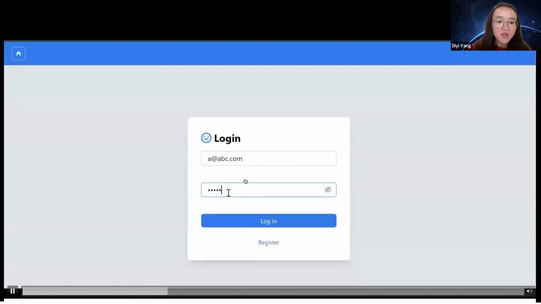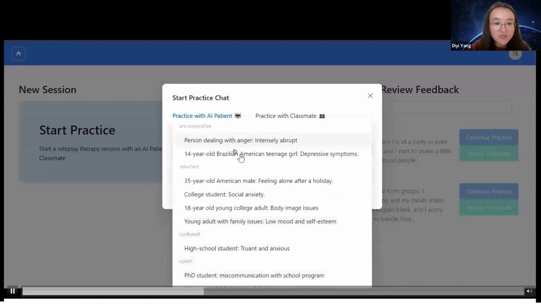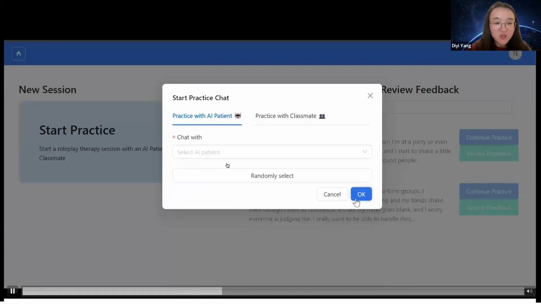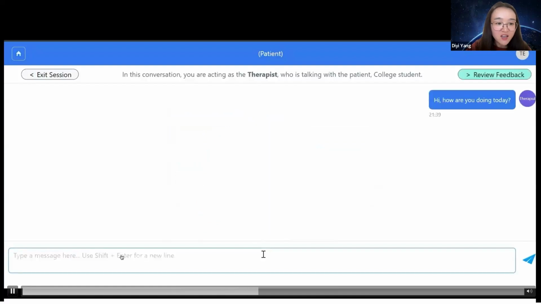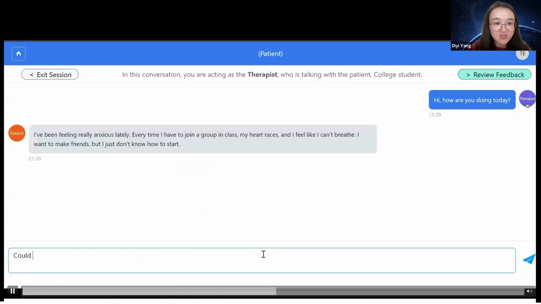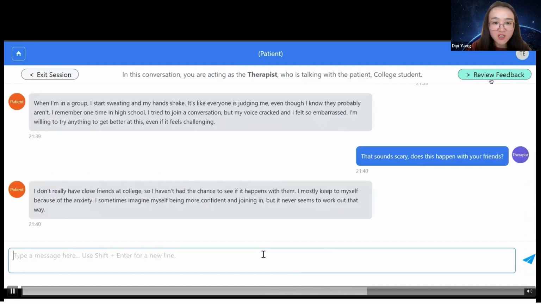This is a system where users can log in and practice with different patients. Here we select a patient with social anxiety, and we can chat with this AI patient, type a response, and continue the discussion. Once we are done, we can click this review feedback button in the top corner.